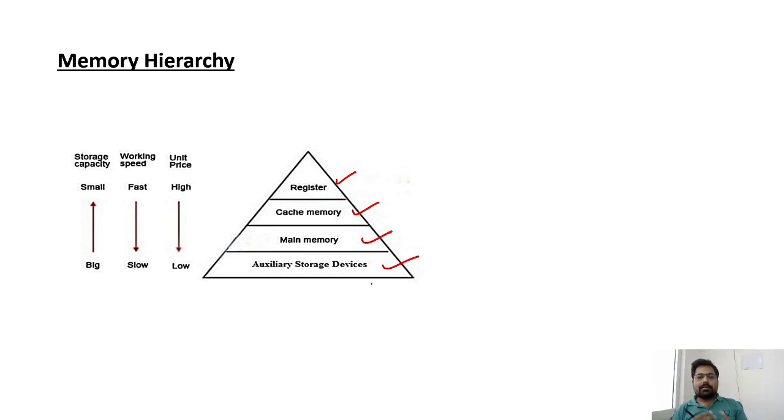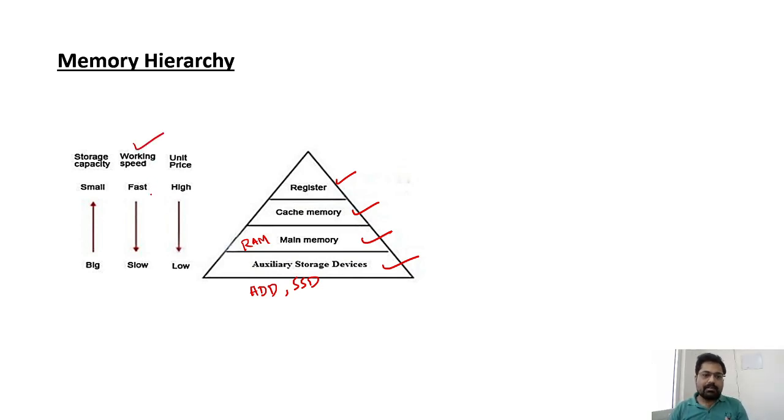Auxiliary memory is sometimes called secondary storage, like SSD or HDD. These are extra memory. RAM, random access memory, is considered main memory. Cache memory is as usual, and registers are the smallest unit of memory.